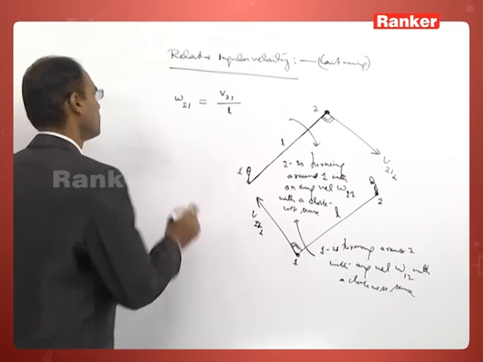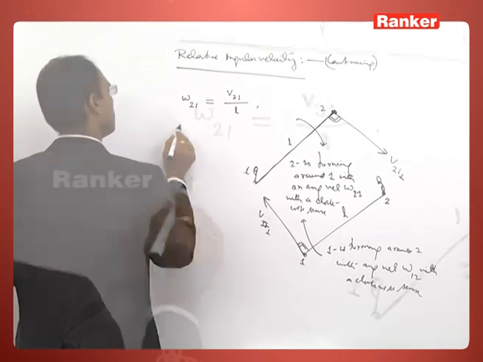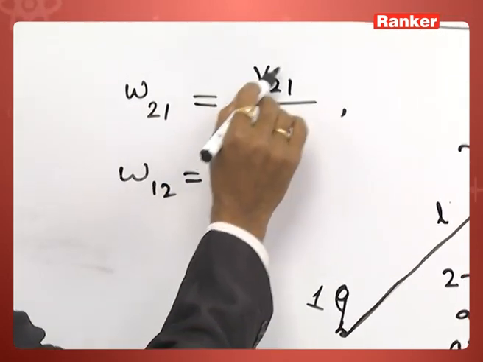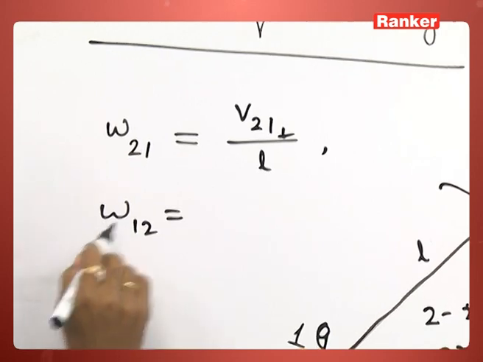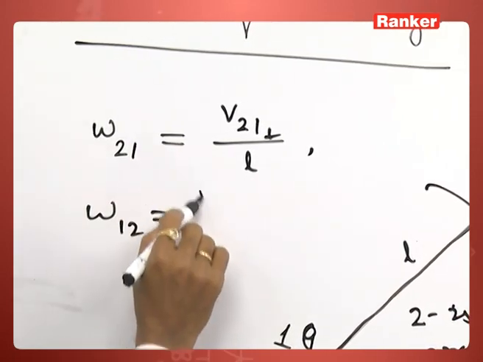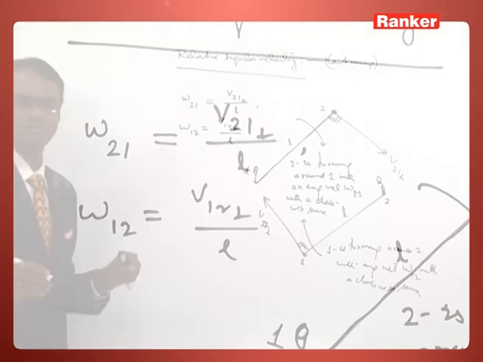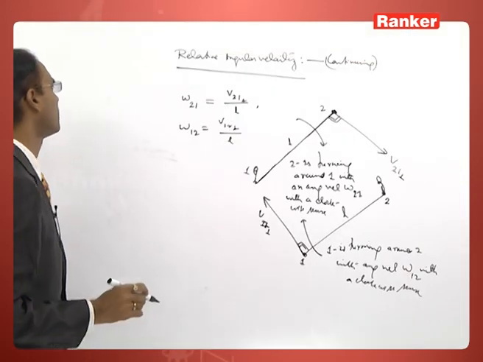Magnitude: omega 21 equals V21 perpendicular component by L, omega 12 equals V12 perpendicular by L. This is the concept.